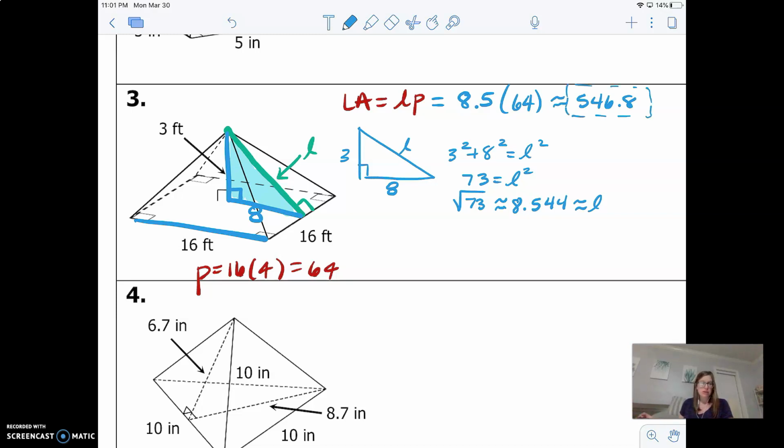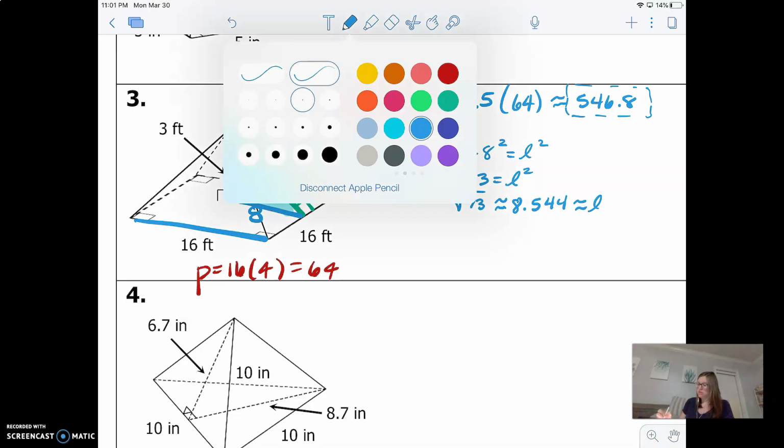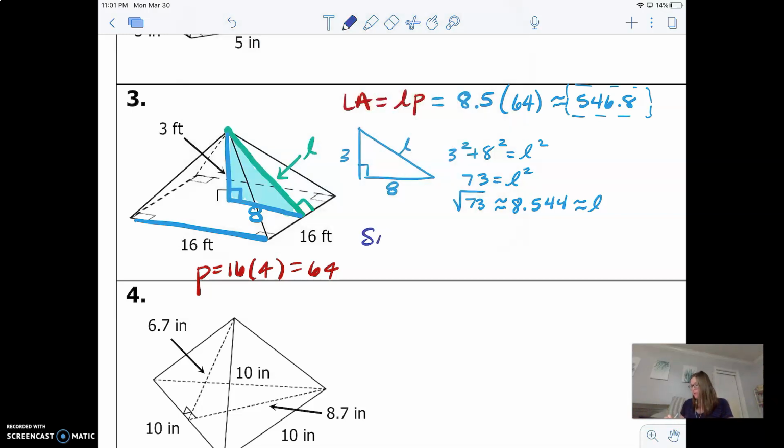Now we just have to find surface area. So surface area is, you take the lateral area, 546.8, and you add the area of the base. Remember, the base here is a square, so this is my base, which is a square, 16 by 16. So I'll just do that down here. 16 squared is 256.